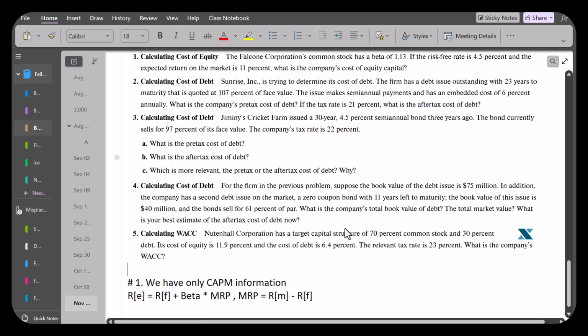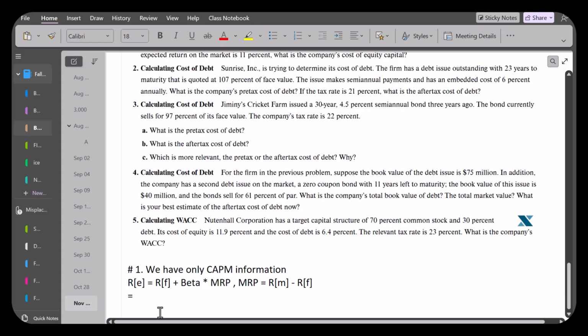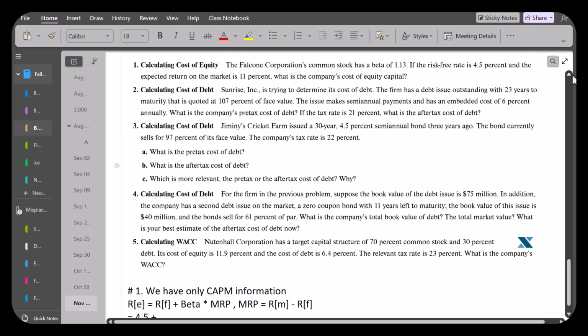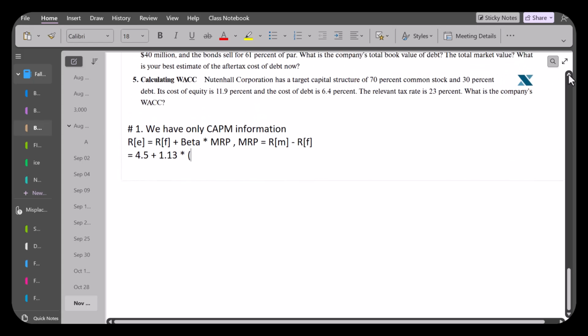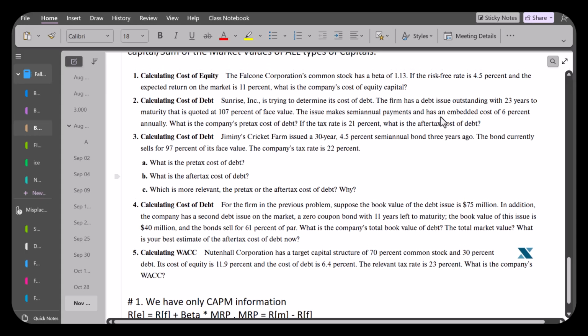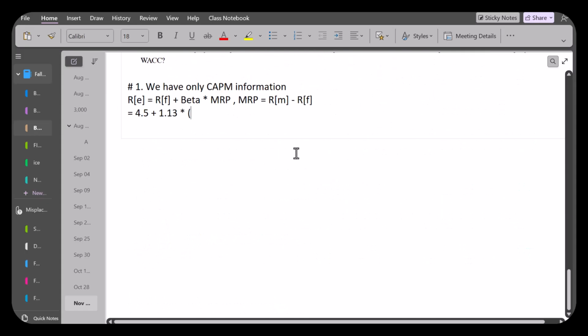How about beta? 1.13. We're not given the market risk premium directly, but we know the expected return on the market and the risk-free rate. 11 minus 4.5. So 11.84 is the answer.